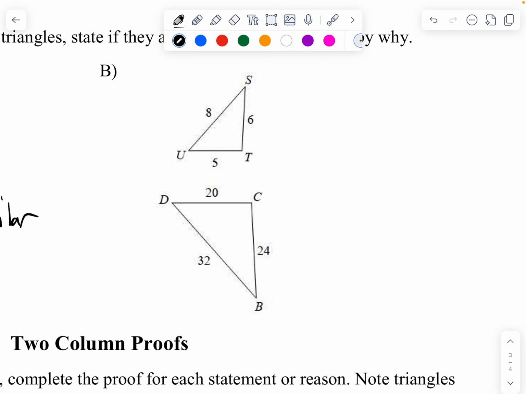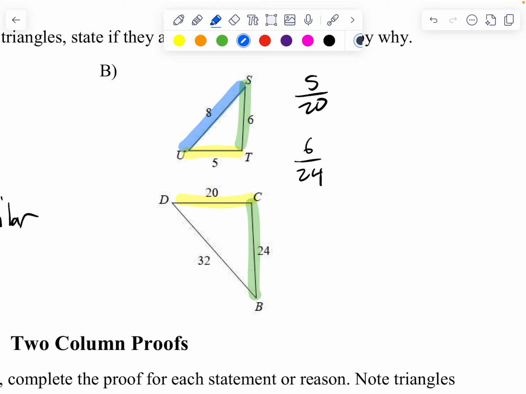Here we have side, side, side, all three ways. Let's double check. 5 to 20, and then we have 6 to 24, and remember you're staying consistent. As long as I do the same thing, all three sides, it should be fine. If you want to have the larger numbers on top still, you totally can.